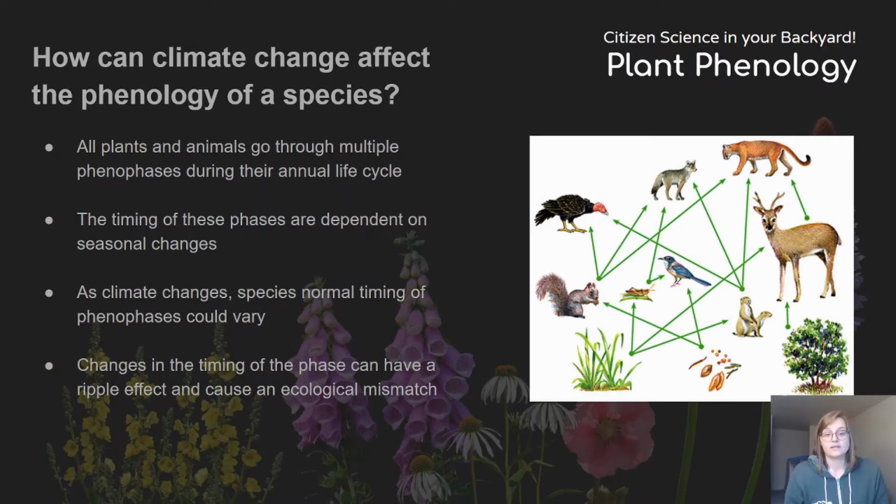That could cause a partial die-off in the bird population, and then that's going to have a negative effect on the predators that rely on the bird as a food resource. So there really is the potential for a ripple effect, even if only one species in the whole food web is affected by climate change.